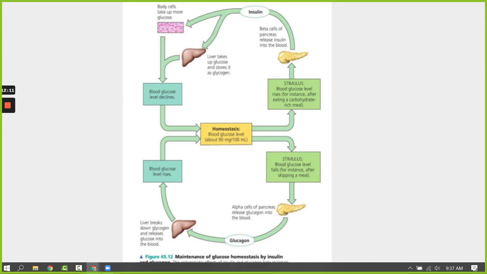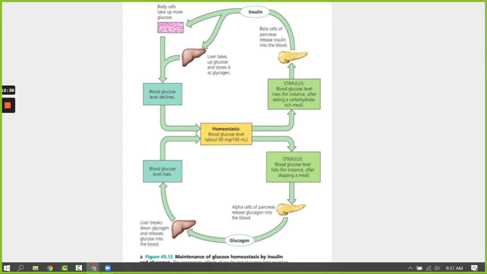There's another hormone that does the opposite. For example, if you don't eat for a long time and your blood sugar level's dropping and you're feeling lightheaded, you have no energy, your pancreas is monitoring that as well. It says, okay, wait a minute. Again, our blood glucose level is not correct. It's too low. It produces a different hormone called glucagon.